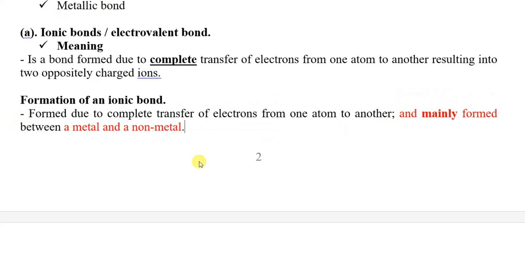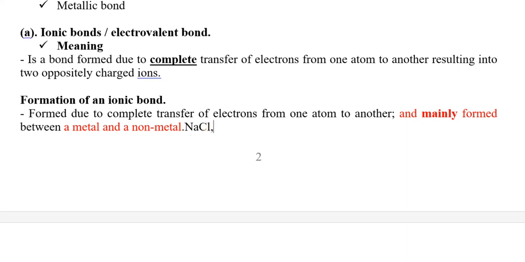That's why I wanted you to know what a metal and a non-metal are. For example, sodium chloride is a salt. The bond between them is ionic. Why? Sodium is a metal, chlorine is a non-metal.